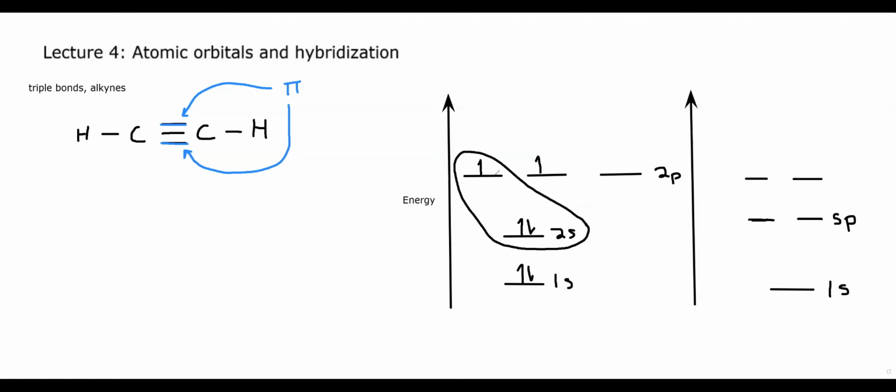We're taking the 2s orbital and the 2p, one of each, to give us sp. And then we have our remaining 2p orbitals, which again, I'll draw in blue here because these will be responsible for our pi bonds, the double and triple bond that we're making.